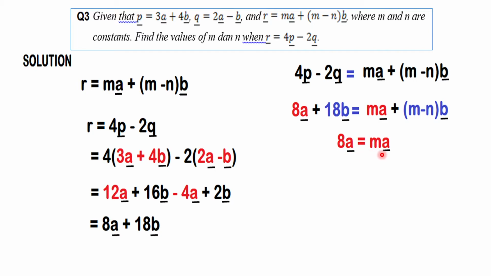So cancel out the vector a, therefore you can get the value of m. Do the same thing for vector b. Compare vector b and you will get m minus n equals 18. Since we have the value of m, substitute, then simplify to get the value of n.